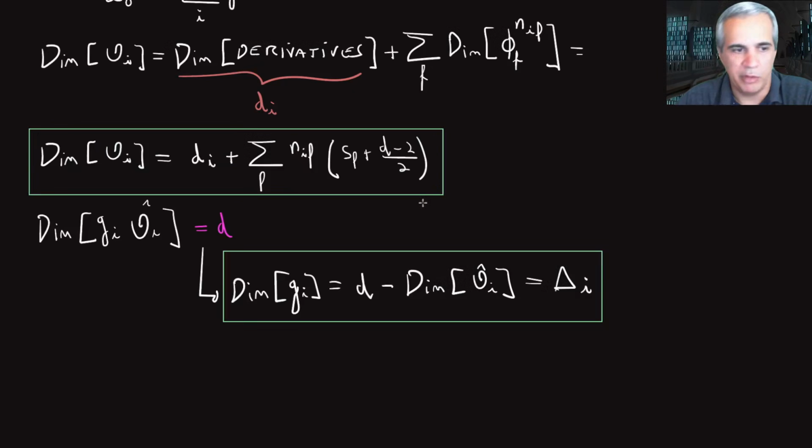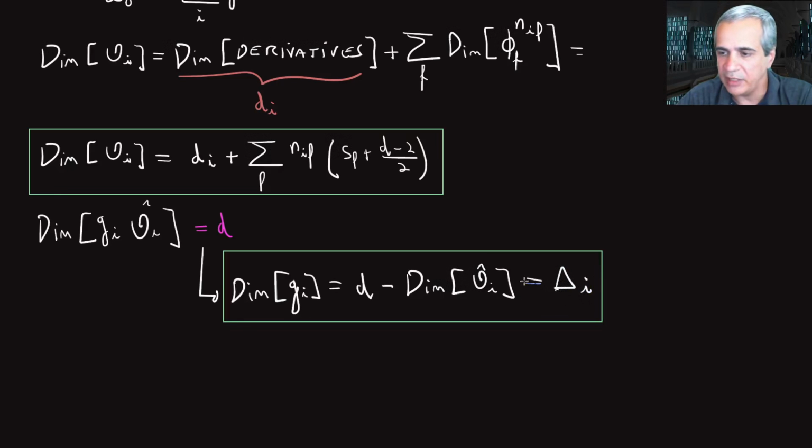So what we're seeing now is a very important thing. If you want to know if an interaction is renormalizable or not, what you need to know is the sign of this guy, if it's bigger, smaller, or equal to 0. And where do you get that from?